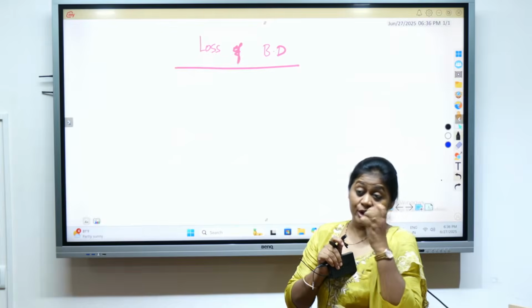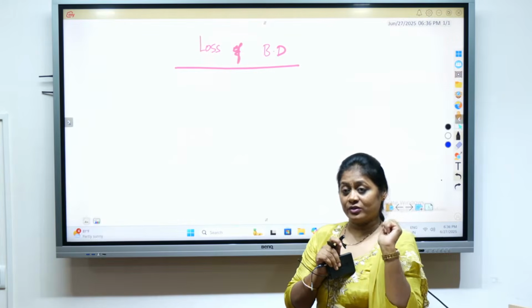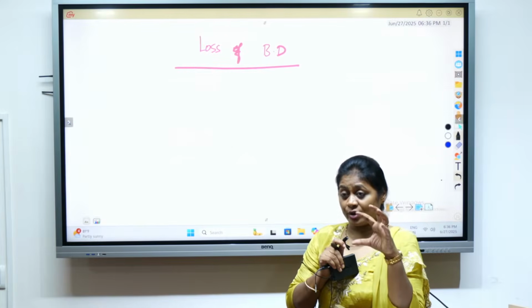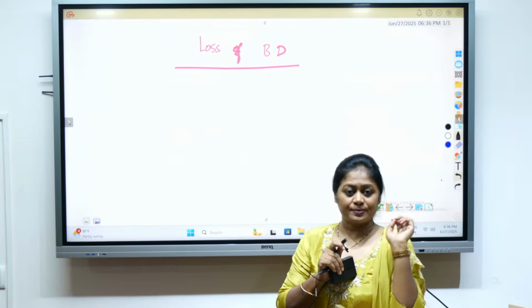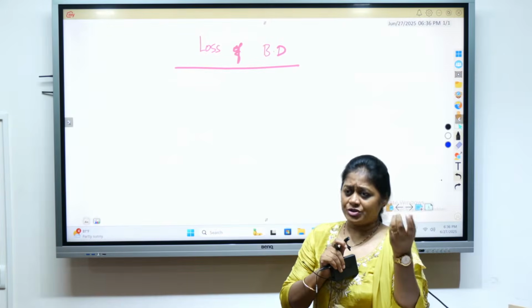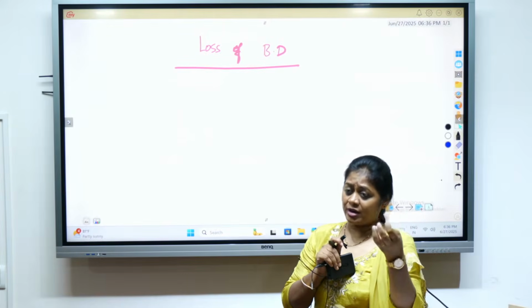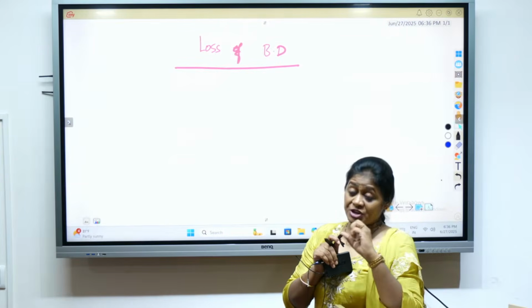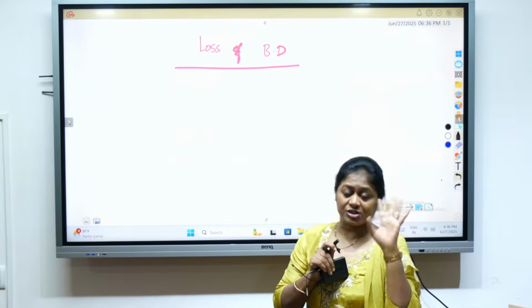IUCN states that in the last 50 years, many species got into the extinct list. IUCN releases the Red Data Book. According to that Red Data Book, certain species have become extinct.